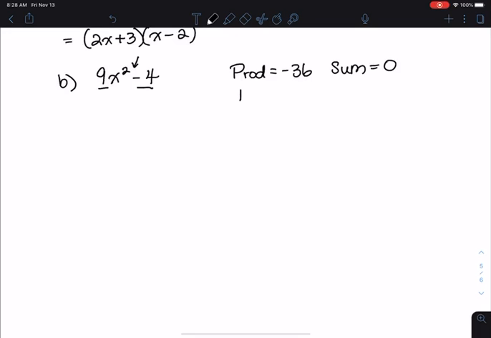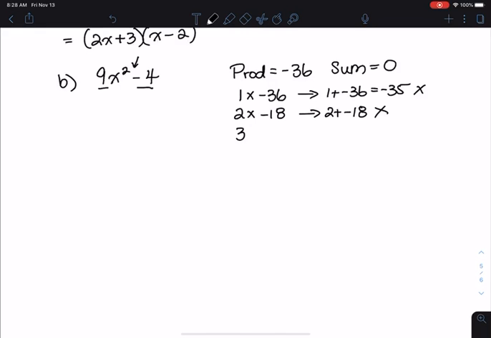So I'll start with 1, going systematically. 1 times negative 36, what does that add to? 1 plus negative 36 does not add to 0. That's negative 35. So that doesn't work. I'll try 2. 2 times negative 18 makes negative 36. Add those together. 2 plus negative 18 is not 0.